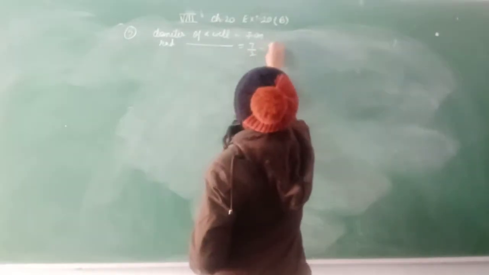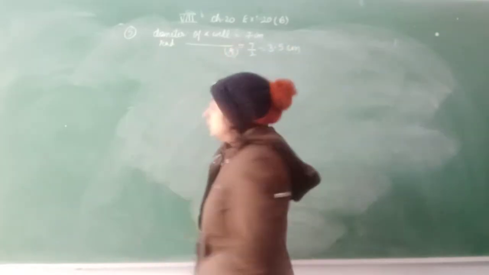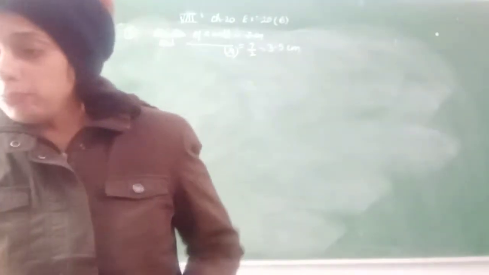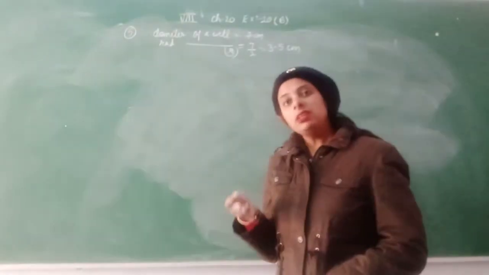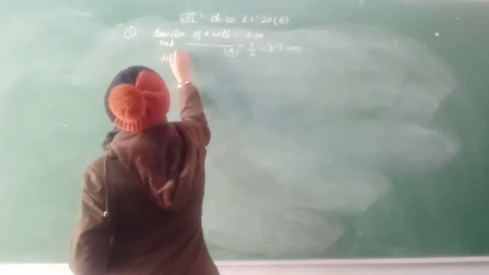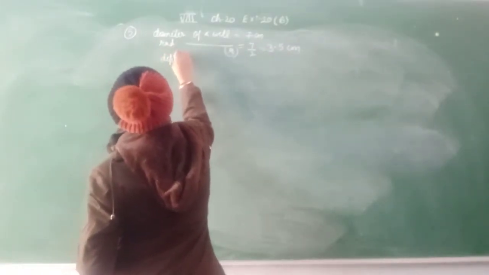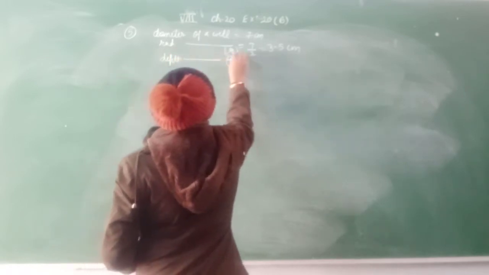So you will have here 3.5 meter, which is your r of the well. And what is the depth? Depth means this deep is representing the height of that cylindrical well. So the depth is the height of the well, that is given here, 20 meter.